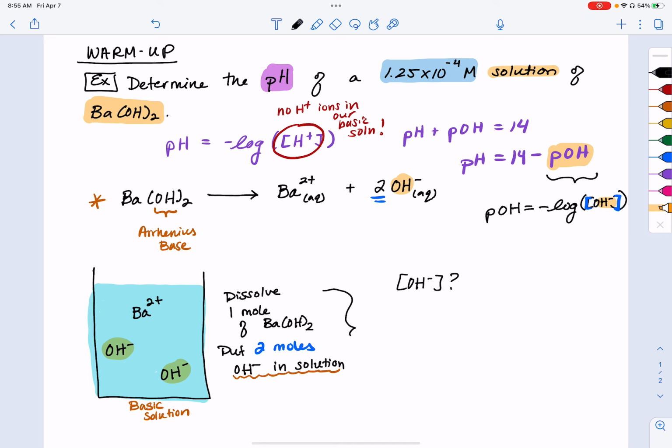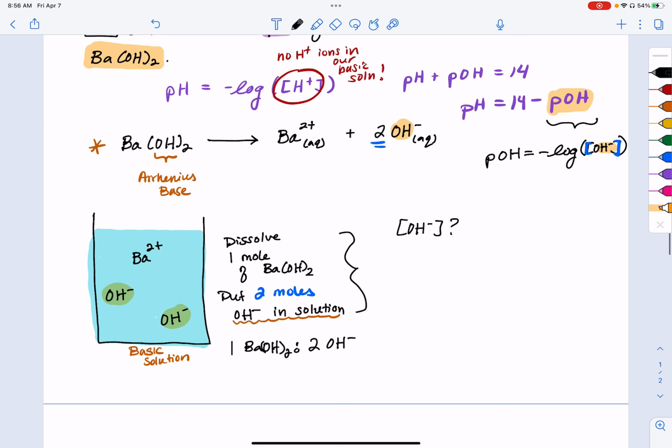This is why this kind of solution perspective analysis was useful, because if we notice the ratio of barium hydroxide to hydroxide ions is 1 to 2, meaning that the concentration of my hydroxide ions is twice that of my concentration of barium hydroxide.